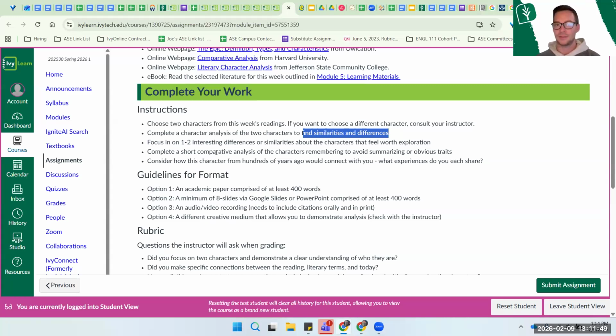So pushing forward, we can't just say X character is similar to Y character. Of course, we've got to go beyond that. How are they similar? Why are they similar? How can you prove that? What language can you pull in to help exemplify those similarities or differences to prove your claim that they are similar or different in these ways?